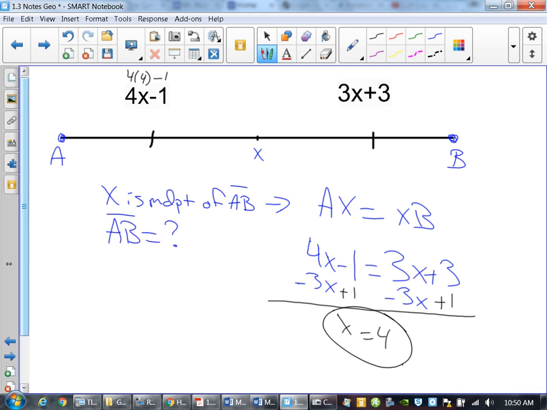What's 16 minus 1? So, AX is 15. So that means XB, what's 3 times 4? 12, plus 3? 15. Now, you're right, it should be 15. The reason that I wanted to make sure it was 15 is so that I didn't see that I goofed.